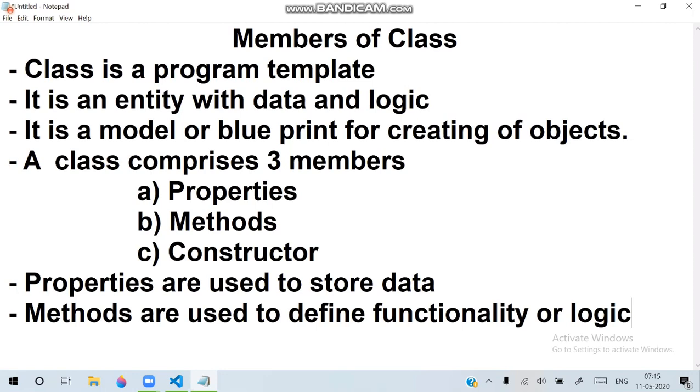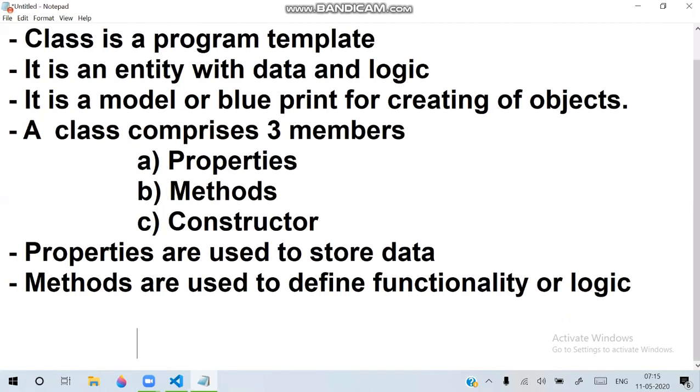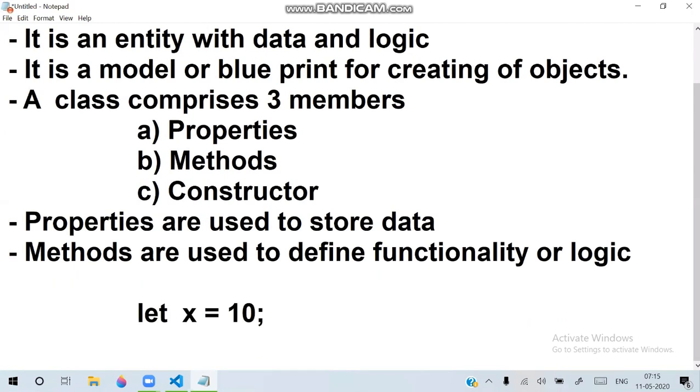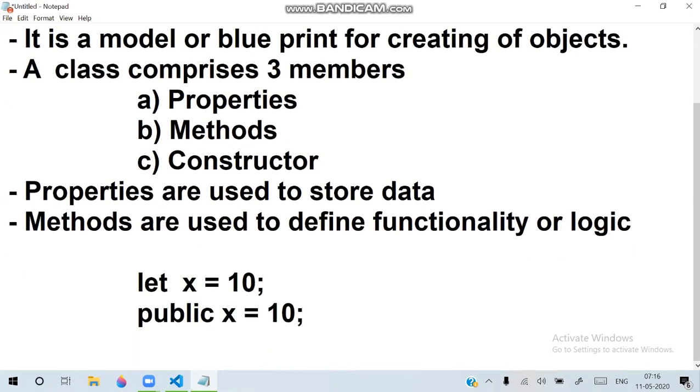Now here, one important point, when we are dealing with the members. In interviews they also ask this question: let x is equal to 10, public x is equal to 10. Can you tell what is the difference between a variable and a property?